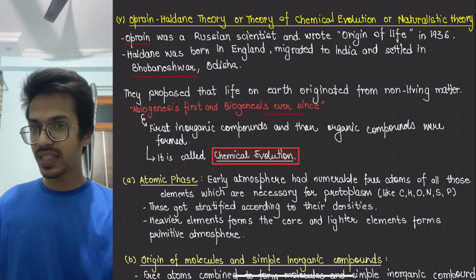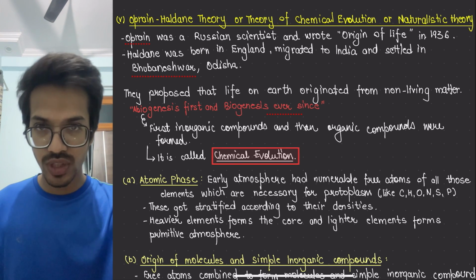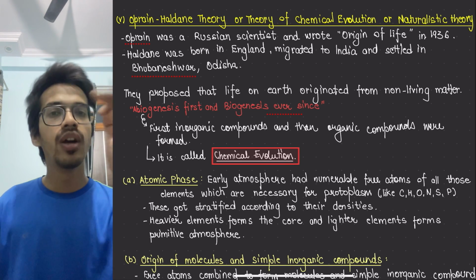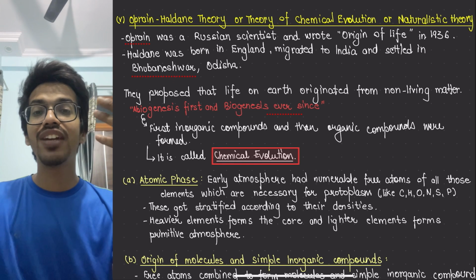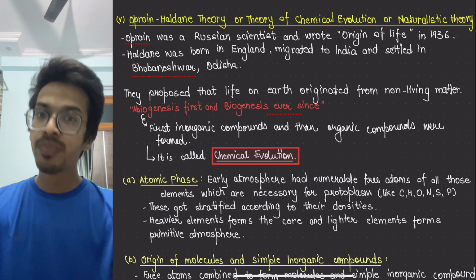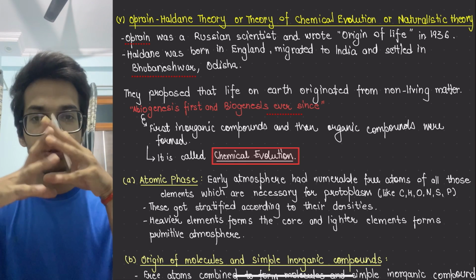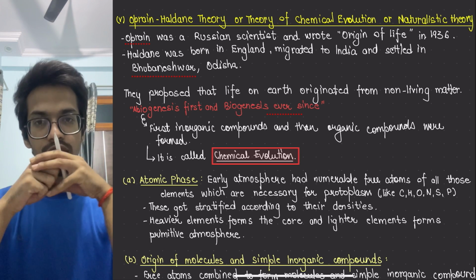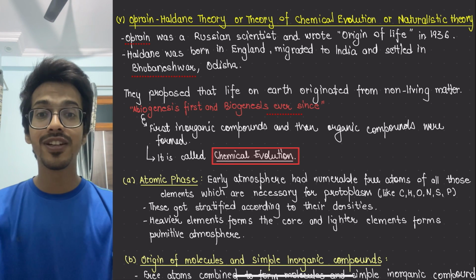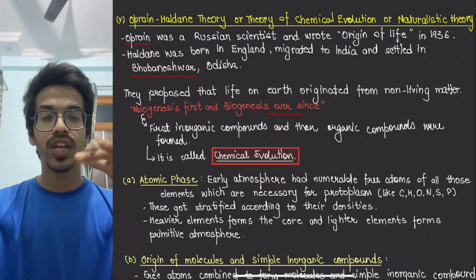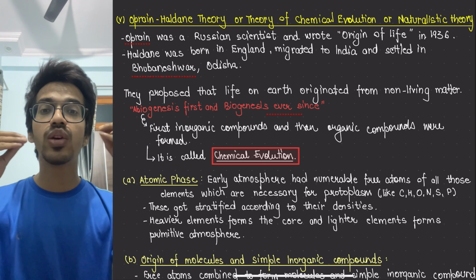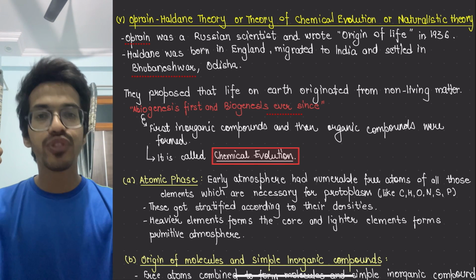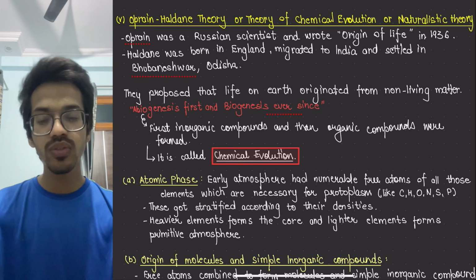In this theory, they said that first of all there was abiogenesis, and after that it is always and forever biogenesis. It means that first life came from simple inorganic molecules which come together and form a coherent substance or molecules. Remember in the first part of the chapter, certain molecules come together and form coacervates, microspheres, proteinoids, which we talked about, protobionts.